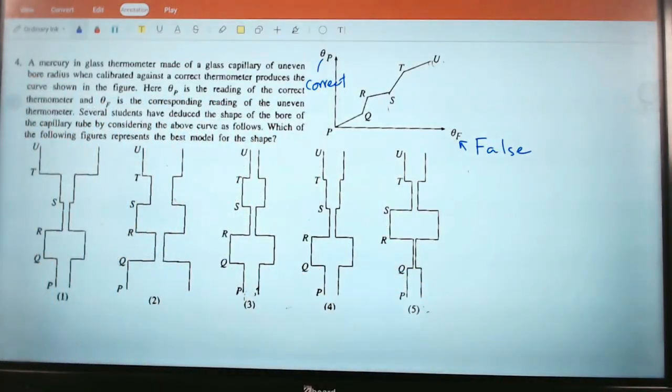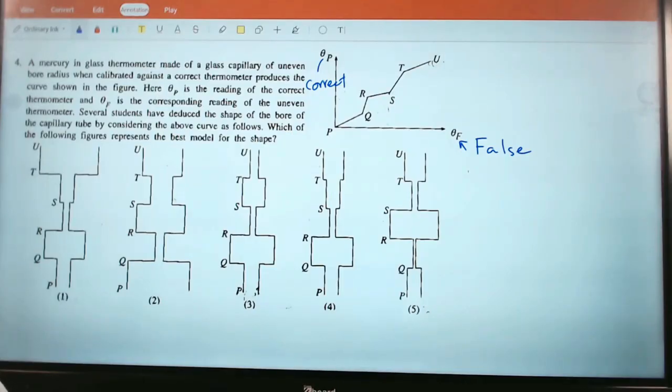Here theta P is the reading of the correct thermometer and theta F is the corresponding reading of the uneven thermometer. Several students have deduced the shape of the bore of the capillary tube by considering the above curve as follows.